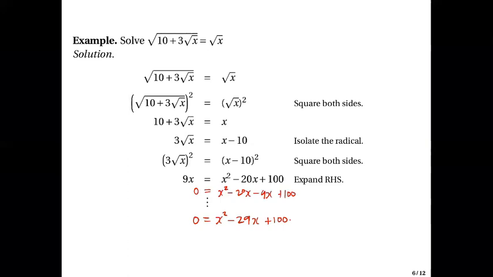Are we good? Sir, where do we get the negative 20x? When you expanded this, (x minus 10) squared. So x squared minus twice the product, so 2 times x times 10. 2 times 10, that's 20.